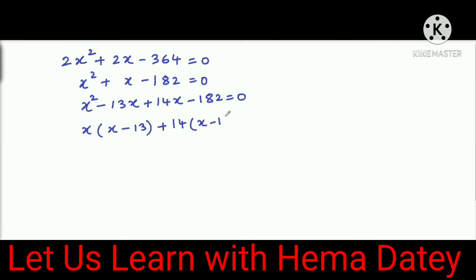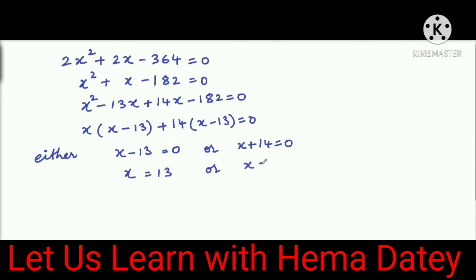From last two terms we take 14 common and we are left with x minus 13 inside the bracket is equal to 0. Now we get two factors x minus 13 and x plus 14 is equal to 0. Either x minus 13 is equal to 0 or x plus 14 is equal to 0. We get x is equal to 13 or x is equal to minus 14.